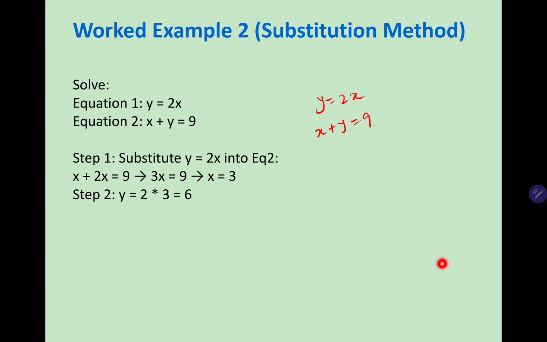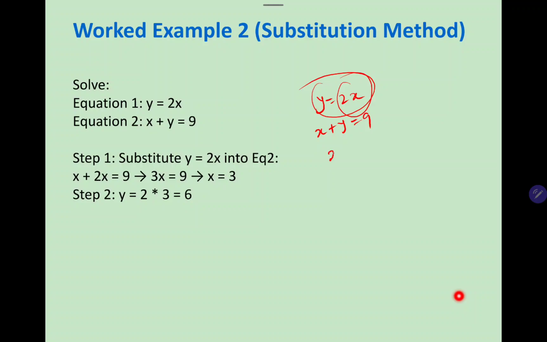Okay. In substitution, all we have to do is make one of the variables the subject of the formula in the equation. But for this example, y is already the subject of the formula here, and y is equals to 2x. So all we need to do is take this 2x and substitute it in the second equation.